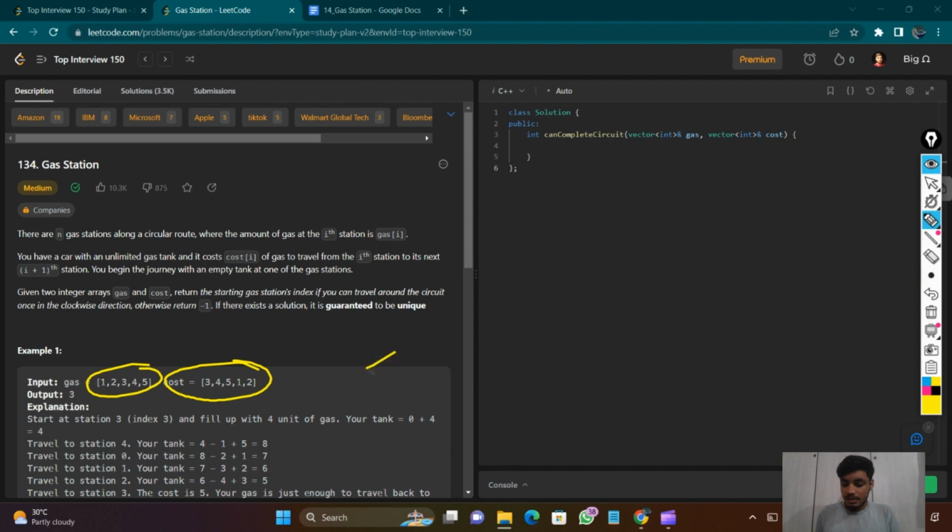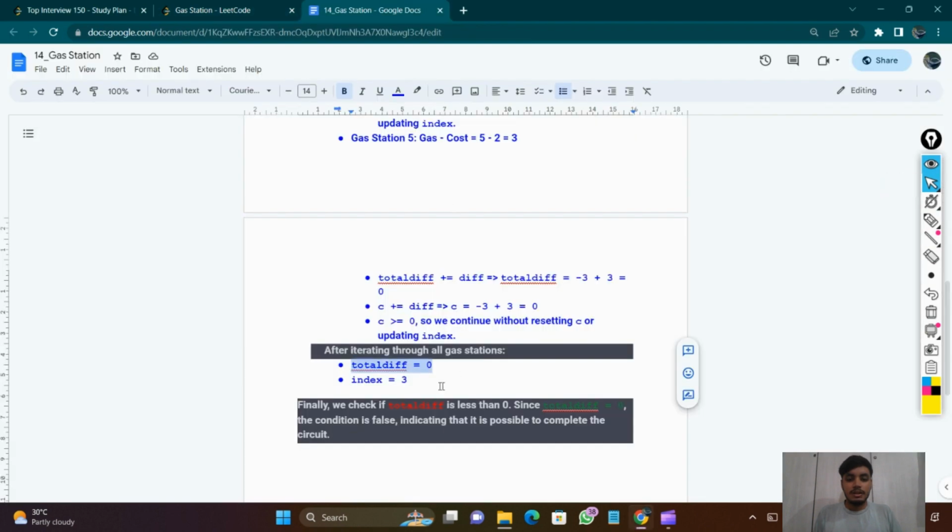That means if it is less than 0, that implies that we are not able to complete starting from any index. So in this condition we are going to return minus 1, and if it is greater than 0, then we are going to return the index which has been stored in our for.